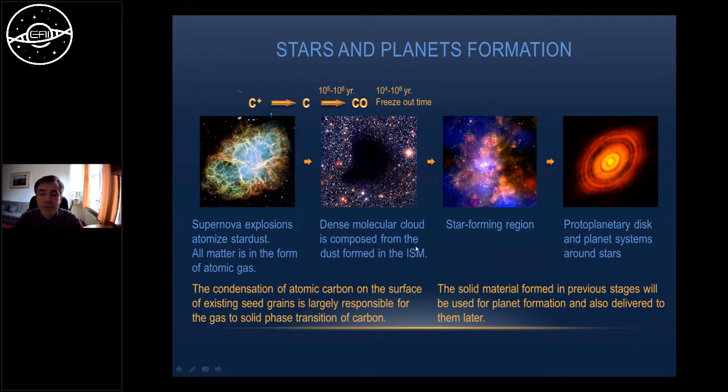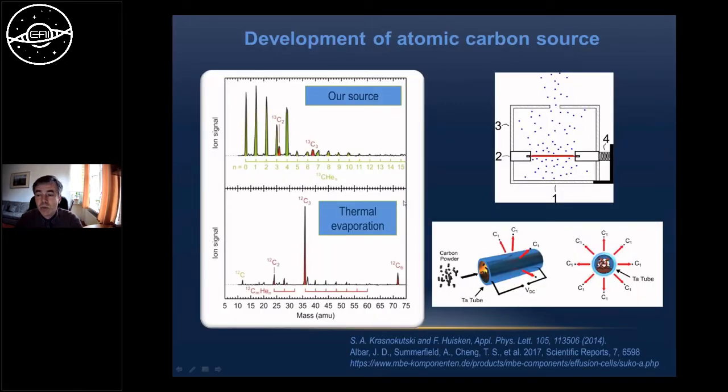But until recently, the reactions of carbon atoms on the surface were almost unexplored, and a probable reason for this was that it was very difficult to produce single carbon atoms suitable for chemical studies. To overcome this problem, we had to develop our own source of atomic carbon. And the design of this source you can see here. It's very simple.